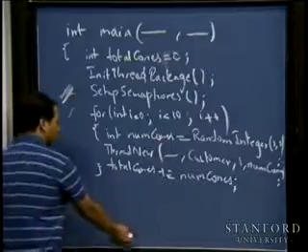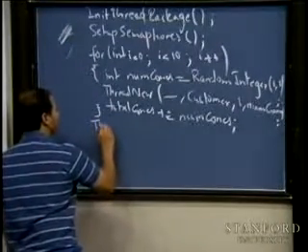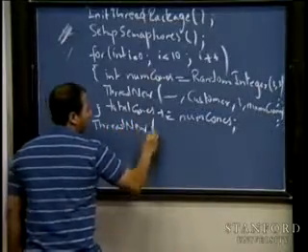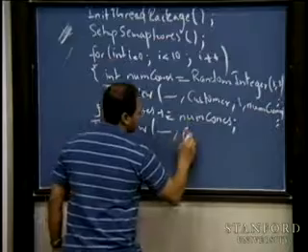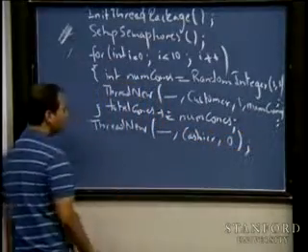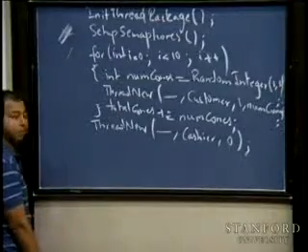Now we need to model the cashier. So we have a thread new the cashier, and we don't give him any parameters. And we also spawn the manager.